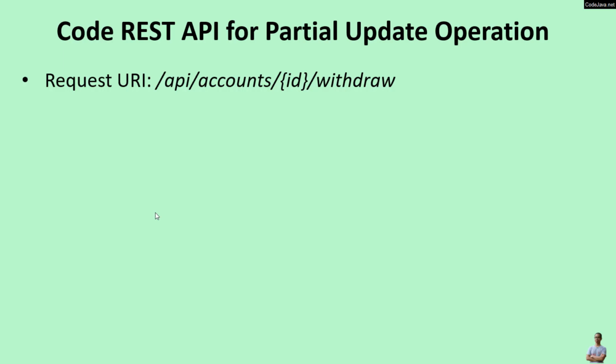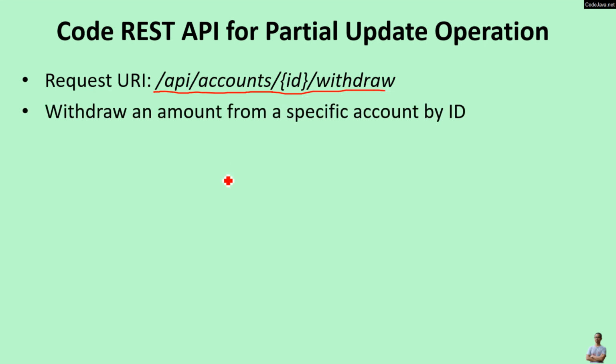Similarly, let's write code for the next REST API that is for partial update operation to withdraw an amount from an account. So the request URI is /API/accounts and then account ID and then /withdraw.